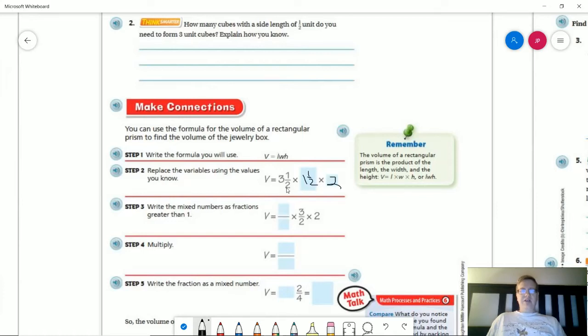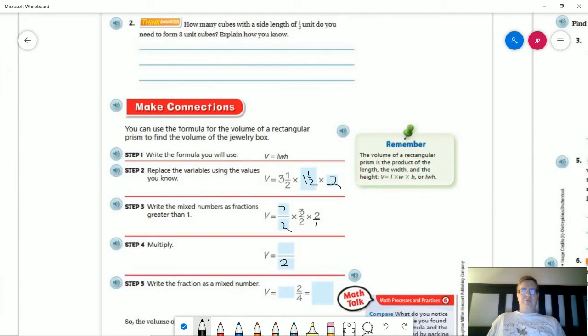Second spot, we are going to convert these. So 2 times 3 gives me 6, plus 1 gives me 7. So we are going to have 7 halves times 3 halves times 2. If I multiply across, the 2 will technically become 2 over 1. And so I'm going to have a 2 on the bottom.